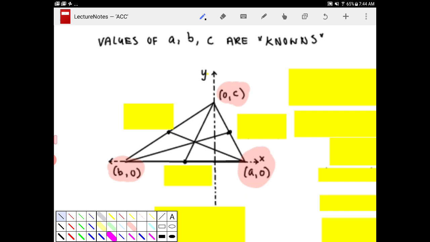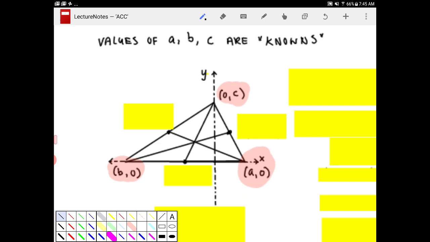This so-called any triangle will have vertices of b comma 0, a comma 0, and 0 comma c. So we can vary values of a, values of b, and values of c, and then we can create all kinds of triangles out of this. This triangle can then turn into an obtuse triangle, an acute triangle, an equilateral triangle, a right triangle, any triangle you'd like, if we vary the values of a, b, and c.